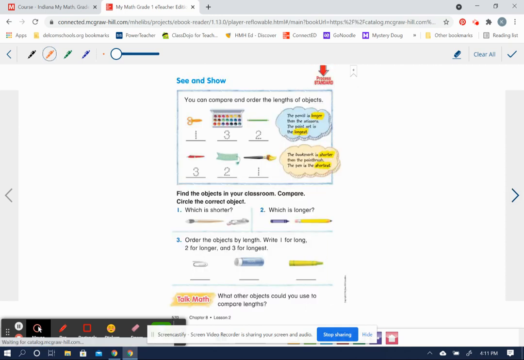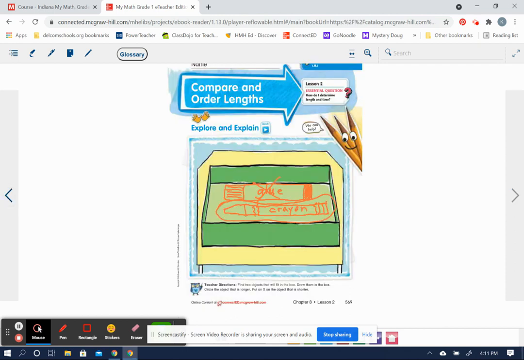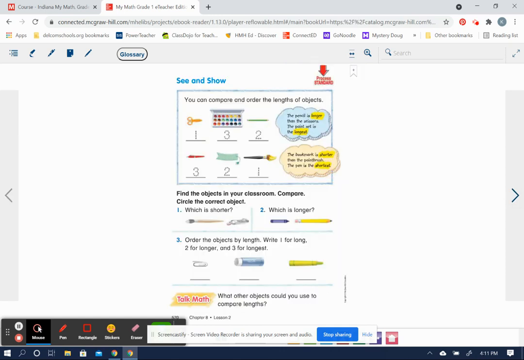Okay, then on the back of that page, let me go back just a minute to point out, we were comparing only two items. And on the back side here, now we're going to compare three items. Do you remember a few weeks ago, in our reading, we talked about comparative endings.